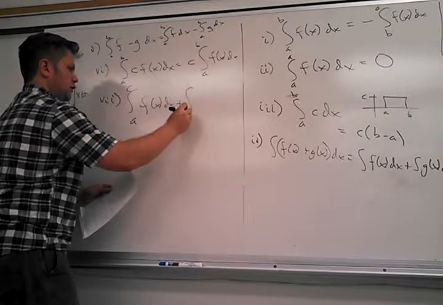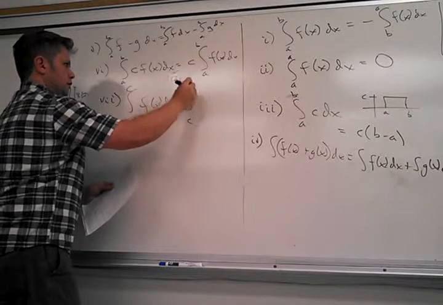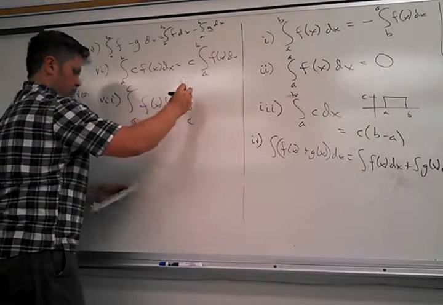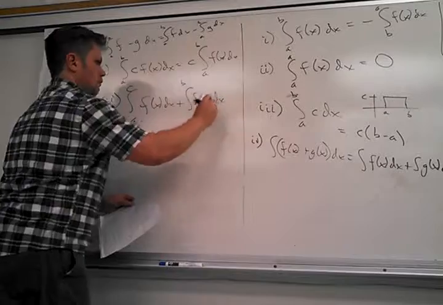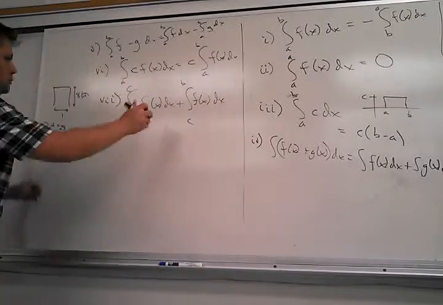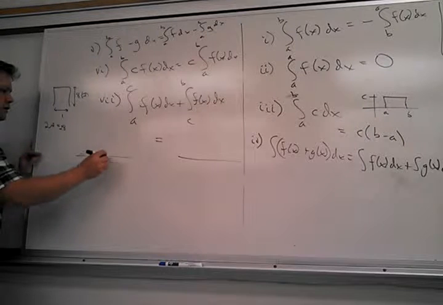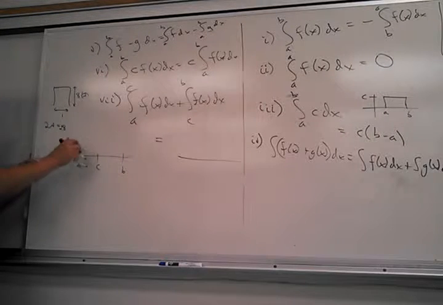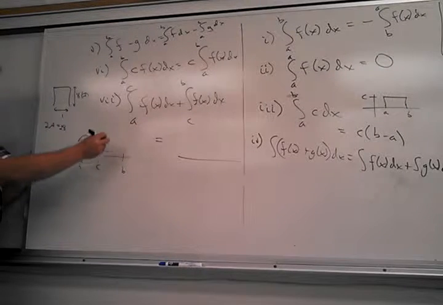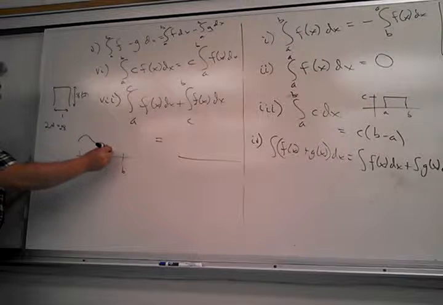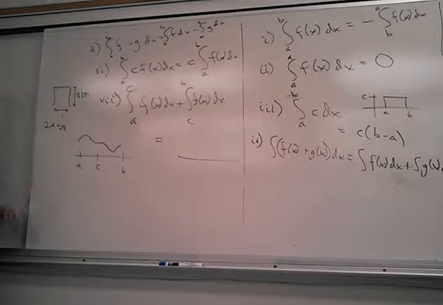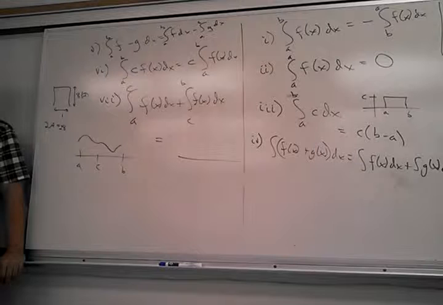Let me give you a little bit of background to this here. So let me tell you what's going on here. So I have from A to C to B. So I'm integrating from A to C, and then I'm adding on top of that the integral from C to B. How should I be able to rewrite that?